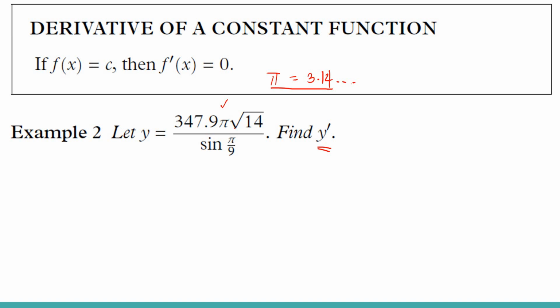Sine pi over 9 also has a value. Therefore, this expression is just a constant. So y prime equals 0.